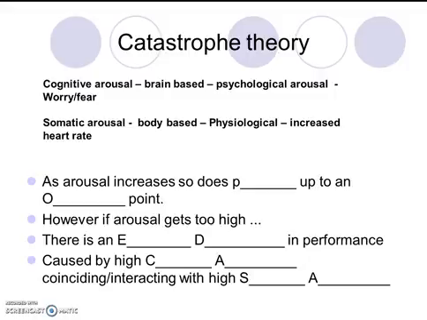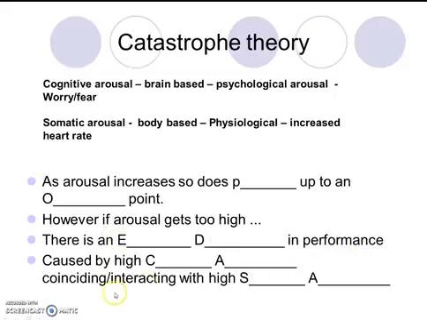But if you also have a really high heart rate and breathing rate, as well as worrying about missing and fear of failure, those two coinciding at a high level cause an absolute crash in performance. That's called a catastrophe. Obviously you can't say catastrophe twice in your point that you're explaining, so you've got to call it an extreme decline in performance. So that is the key focus.